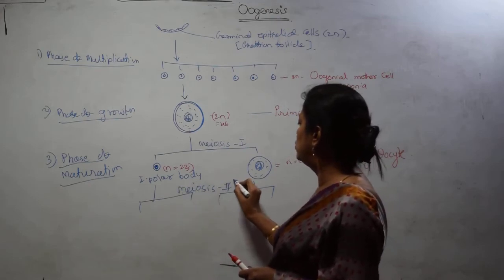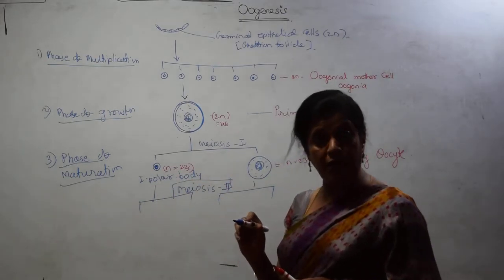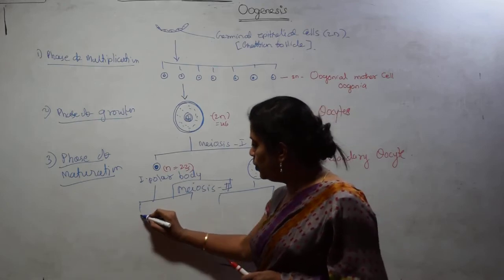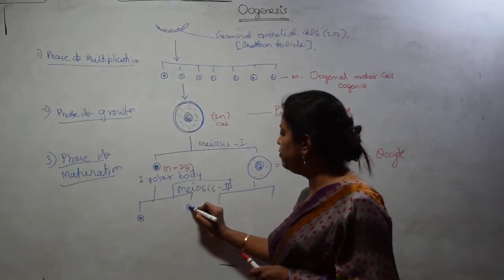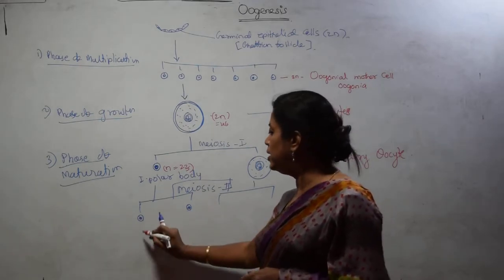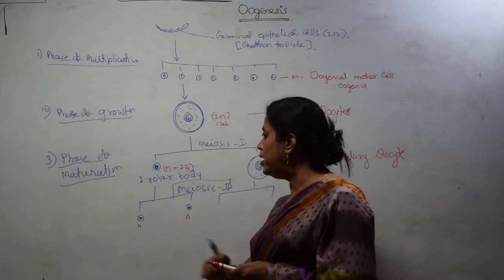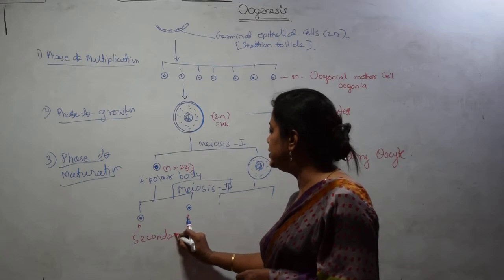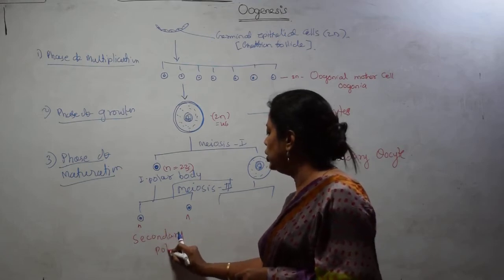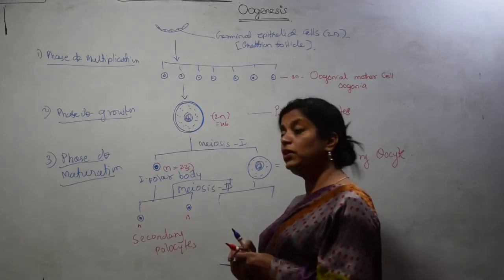In meiosis 2, the first polar body or polocyte will produce two more polocytes. Remember, these are never going to be functional. This is another haploid, this is another haploid. They are called the secondary polocytes or polar bodies. What about this?